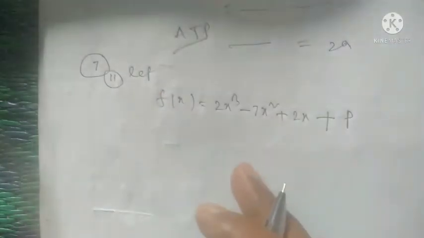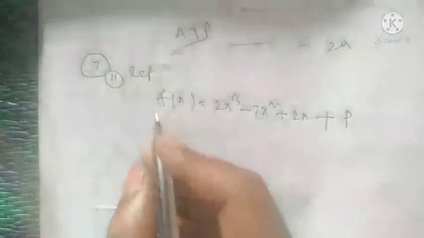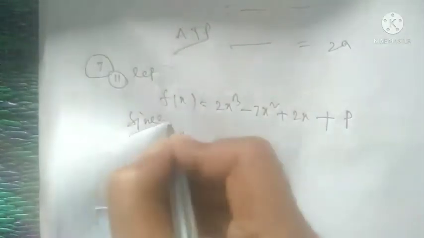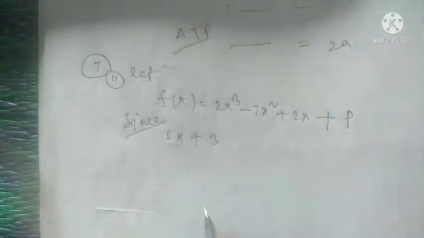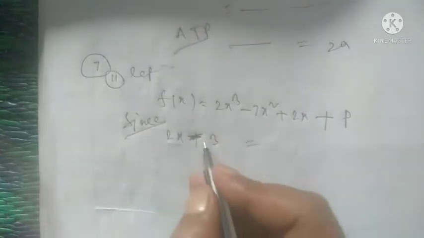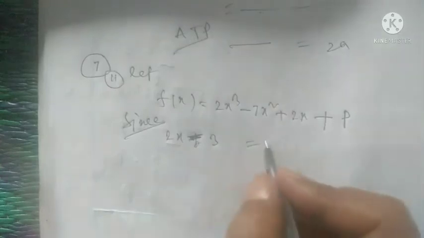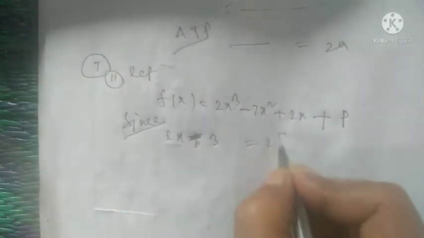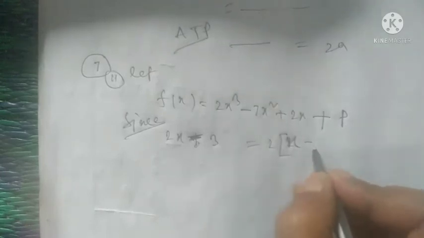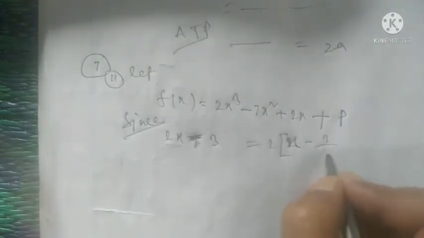Then the resulting polynomial, when divided by 2x minus 3, will leave remainder minus 2. So again you have to find the remainder. That means you have to write the expression 2x minus 3 in the form of x minus alpha. The minus is already present, so you should not change the sign, only take 2 common. Just taking 2 common is enough, so here will be x and here will be 3/2.